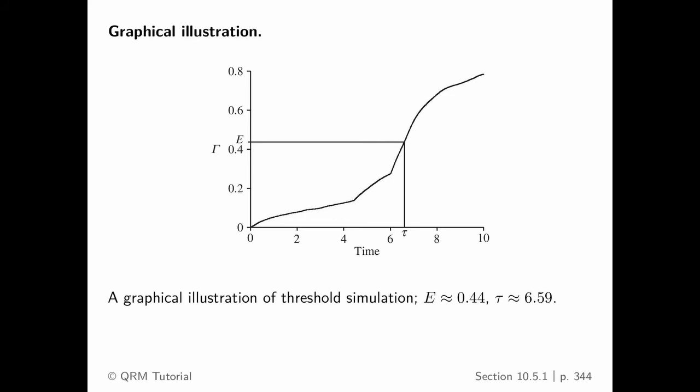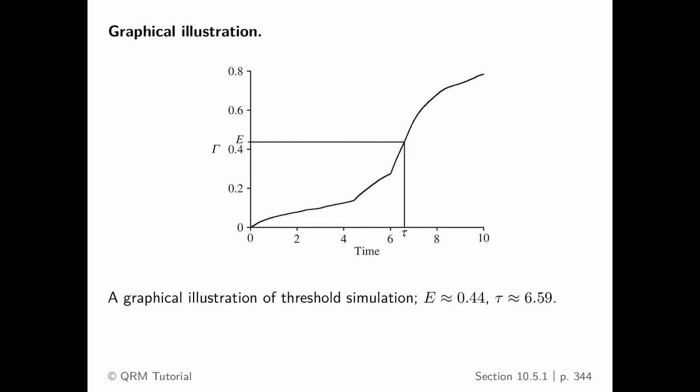And we generate, independent of that, a standard exponential random variable, and then we define tau to be the first time where this integrated hazard rate process, this is this guy here, is bigger than the exponential random variable.